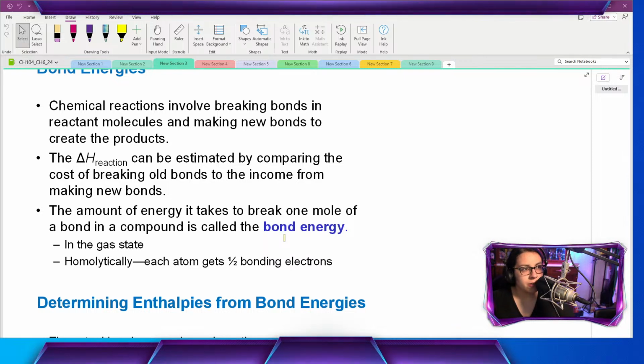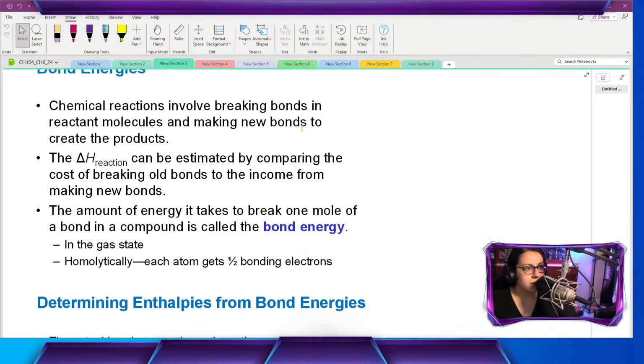And so we can figure out how much energy, or what's called the change in enthalpy, delta H, of our reaction. It can be calculated from the cost of breaking our old bonds to our income, as we'll call it, since making a bond is thermodynamically favorable, so you get energy back from that process.